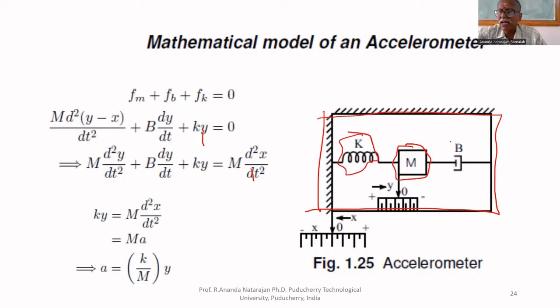It has one spring and a dashpot. The mass itself has no spring constant, so we can attach additional elements. Like that you can imagine. So it has one mass, one spring and a dashpot. That's all about the accelerometer.